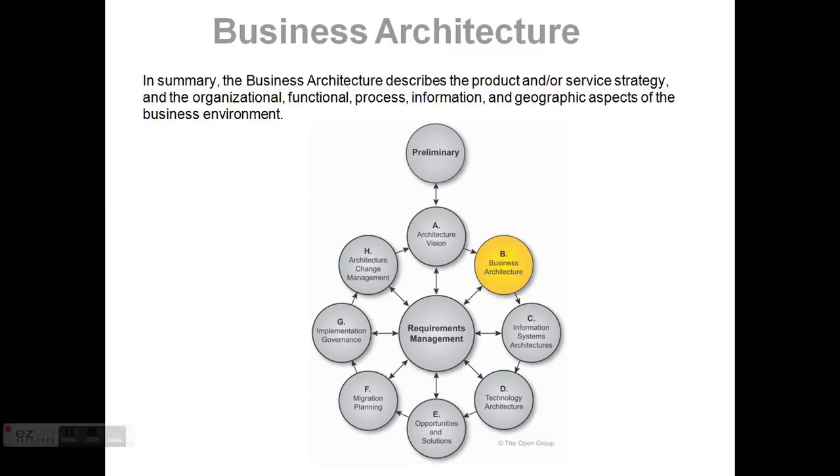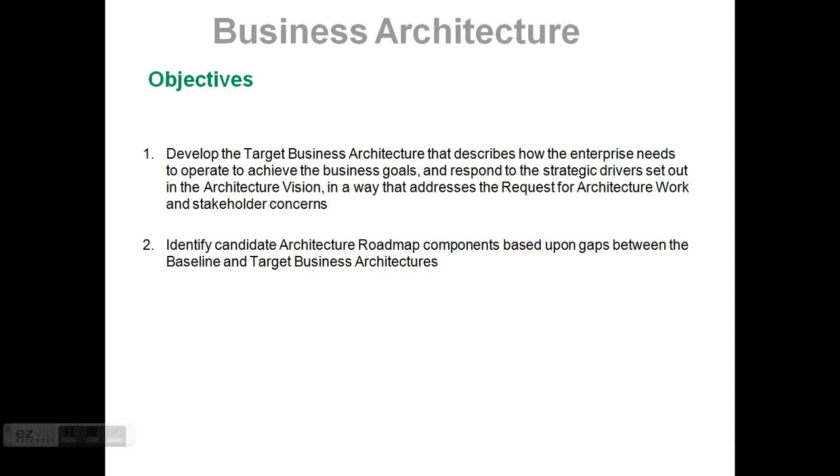The objectives of phase B, which is the business architecture phase, can be described in 2 points. One is to develop the target business architecture that describes how the enterprise needs to operate to achieve the business goals and respond to the strategic drivers set out in the architectural vision in a way that addresses the request for architectural work and stakeholder concerns.